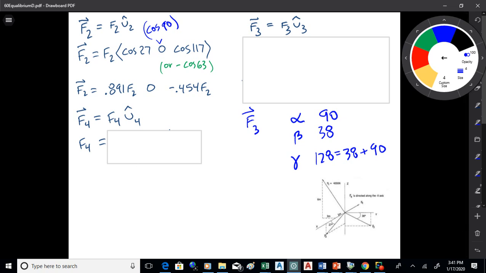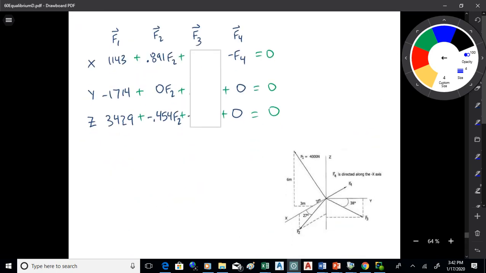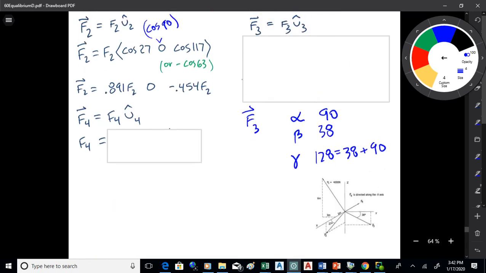So then you just factor the unknown F3 through the cosine of those angles. Okay. We're good with that? So we don't know what F3 is, but we know these angles. So cosine 90, cosine 38, and cosine 128.